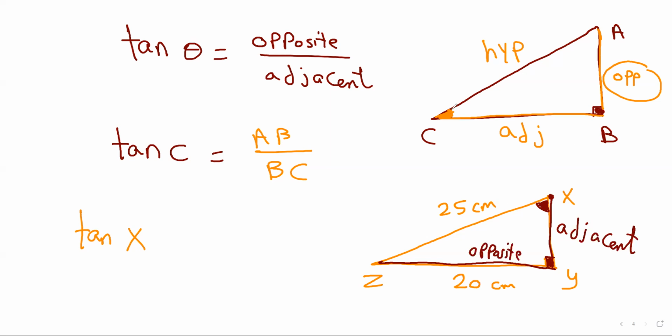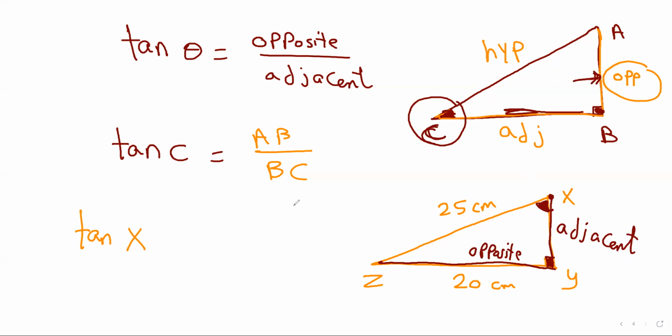Why did I say in the previous example that AB is the opposite? Because I was talking about angle C. The opposite to C is AB. Here I'm talking about angle X, so the opposite is ZY and the adjacent is XY.